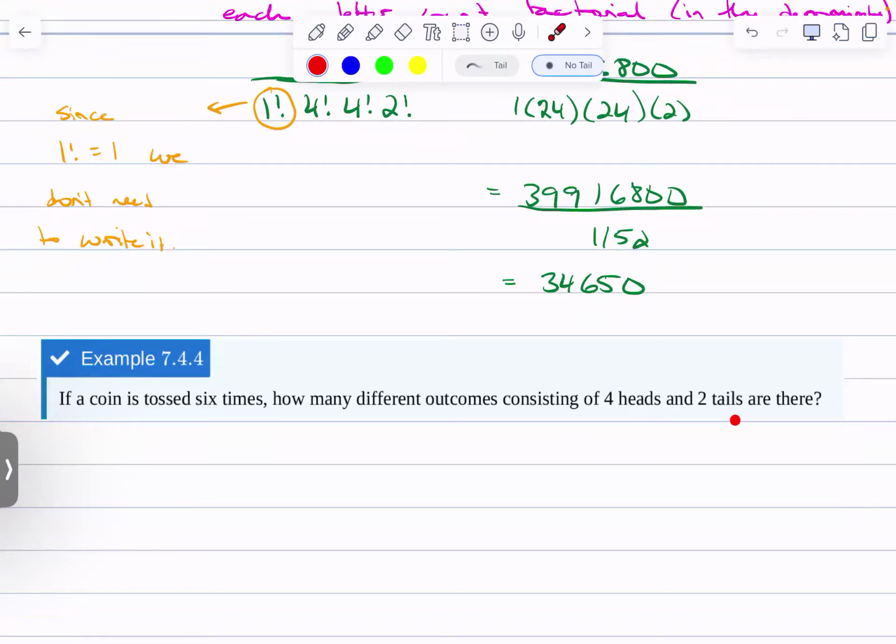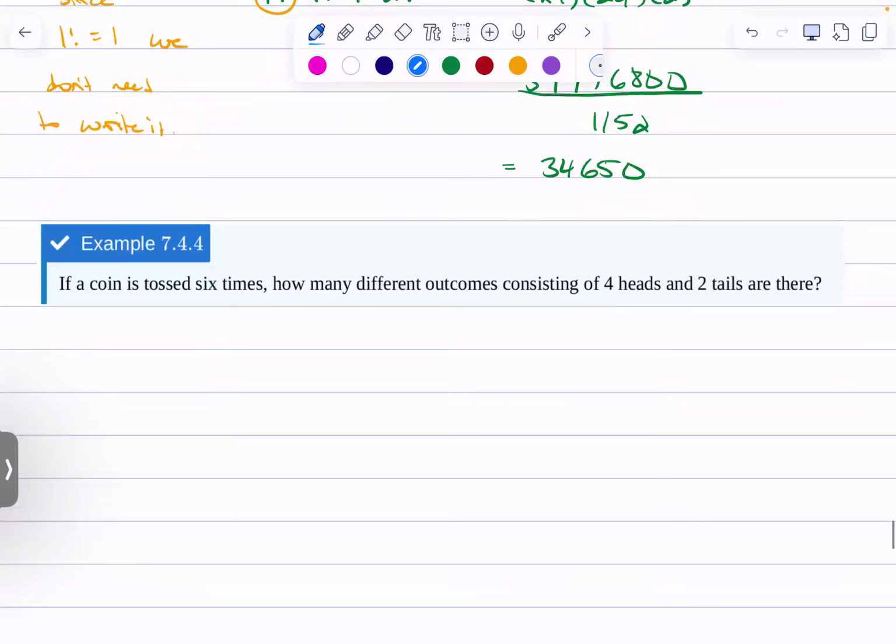So what you can do is say, okay, what if I rewrite this as heads, heads, heads, heads, tails, tails, and that can be our new word, I guess. So that's going to be the trick: if you have similar elements, then you can just write them out as if it's a word.